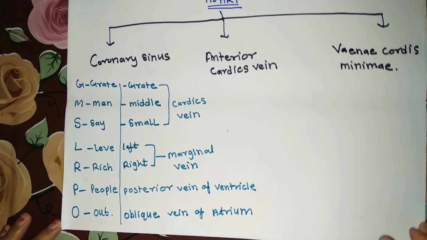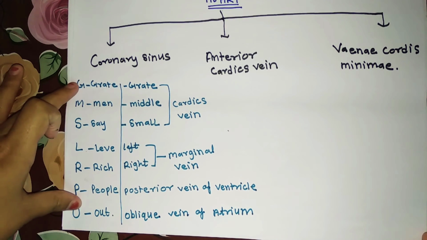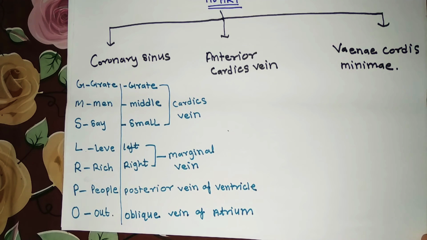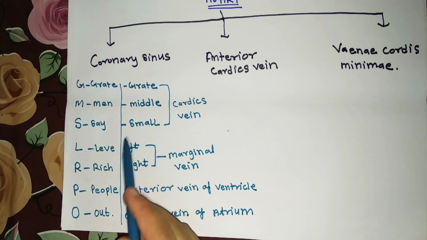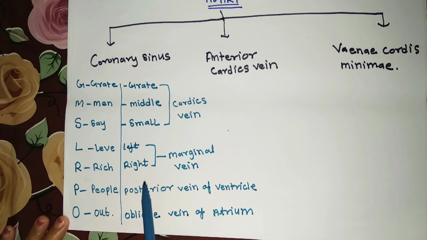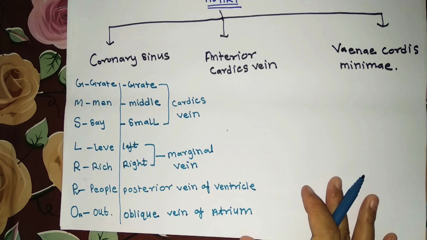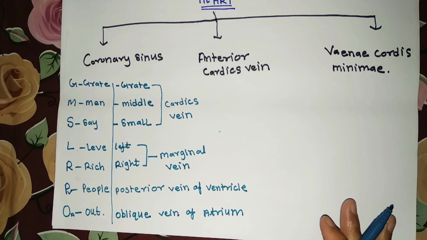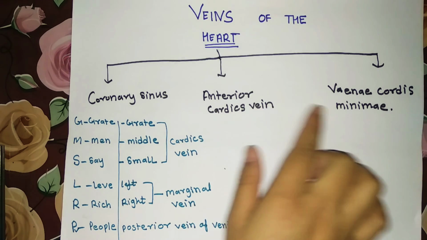See, very simple. You should know only this mnemonic and recite it. The great, middle, small cardiac veins, left and right marginal veins, posterior vein of the ventricle, and oblique vein of the atrium. So it's very easy. We have studied the veins of the heart.